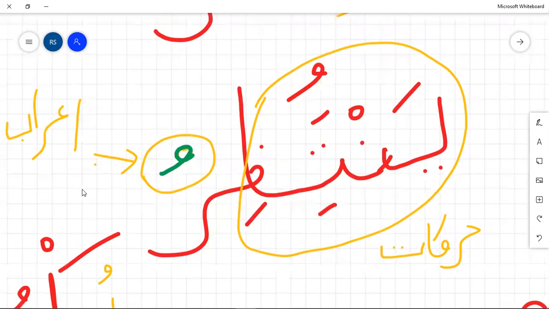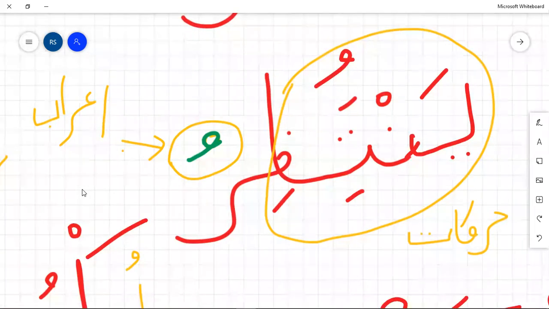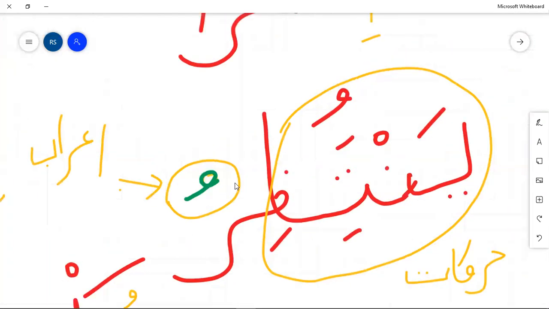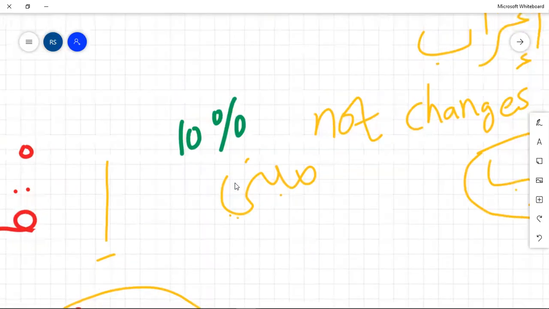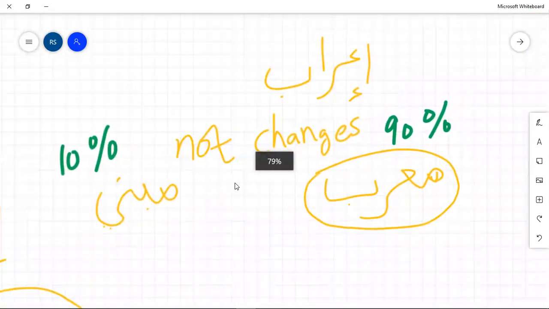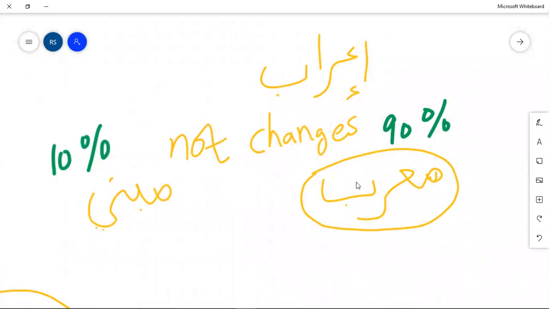Now Mabni is fixed. Those words whose I'rab does not change are called Mabni, and those words whose I'rab changes according to the sentence are called Mu'rab.